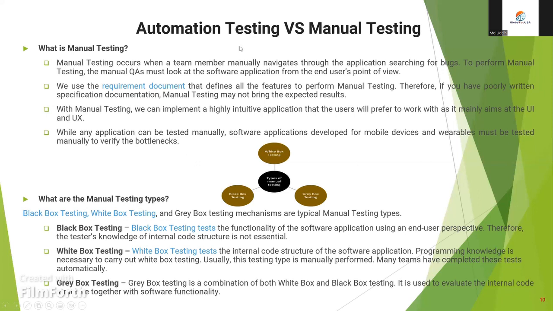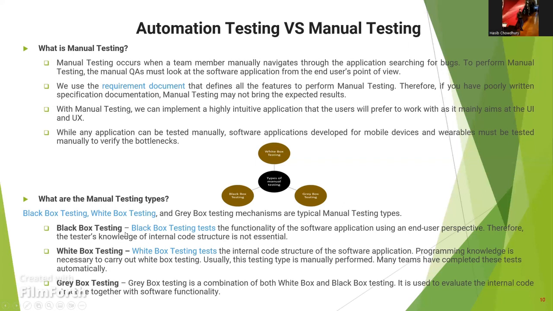Any question? For white box testing you need a little bit of programming knowledge, right? Yes. An automation tester can be a white box tester because they know the programming language. When they are testing manually, it is black box testing. If you're doing any manual testing, it is under black box testing.